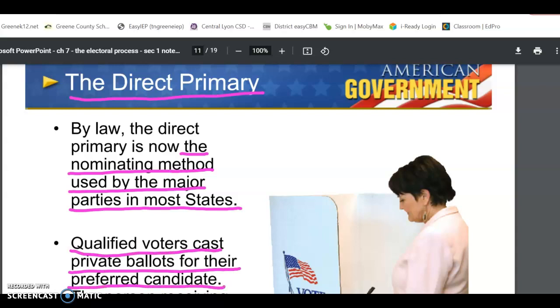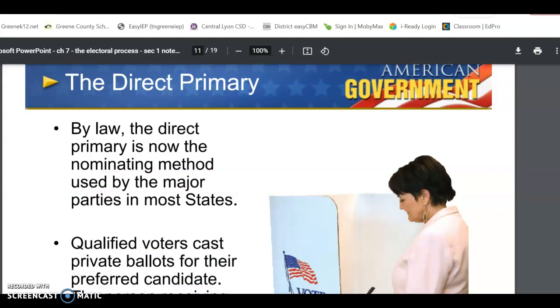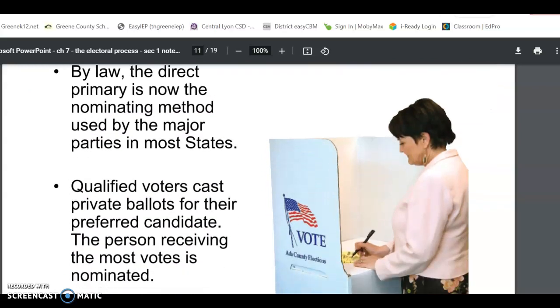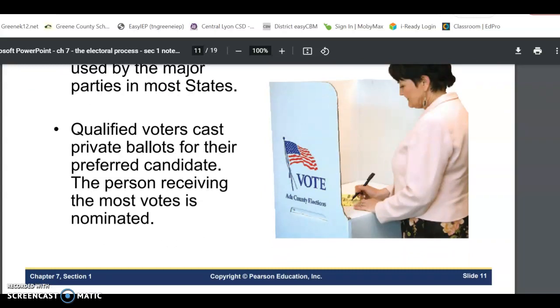That's how, when you think of voting in the United States, that is what happens in a direct primary. You go to a voting booth and vote for your candidate. And then the person receiving the most votes is the one that's nominated to the general election.